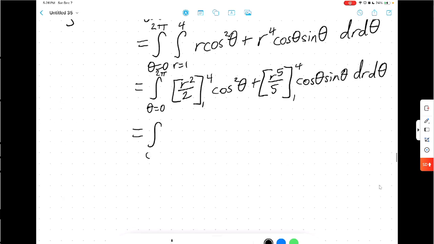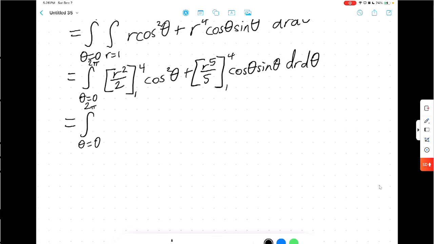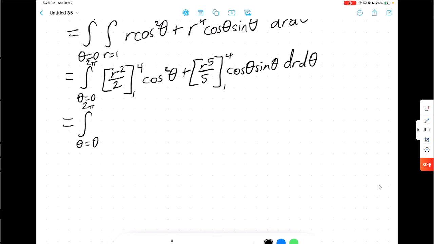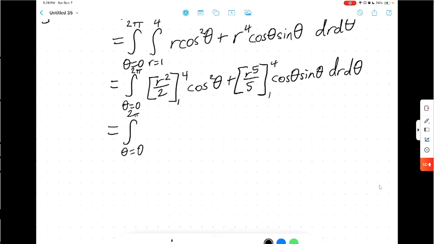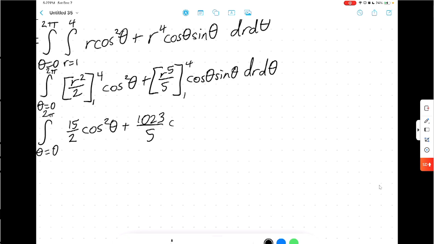Okay, I'm going to have to actually calculate 4 to the 5th on this one. Okay, 16 over 2 minus 1 over 2. This is going to be 15 over 2. And then we get 1023 over 5 cosine theta sine theta.